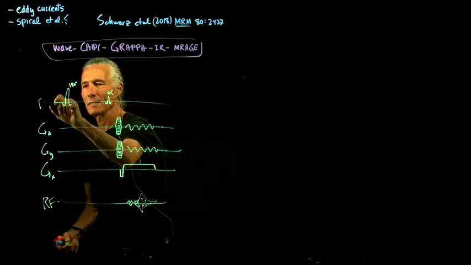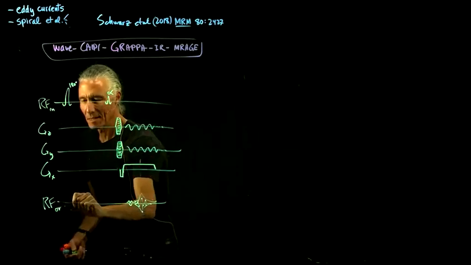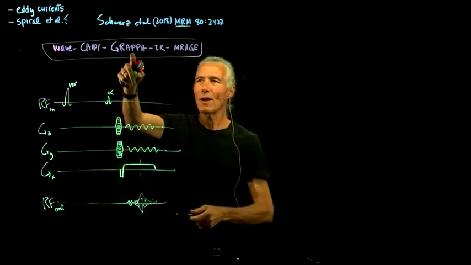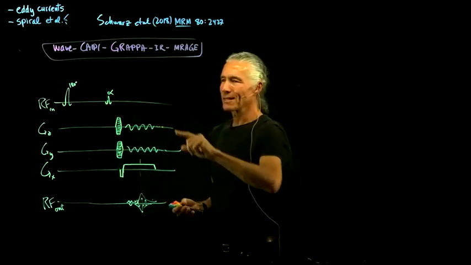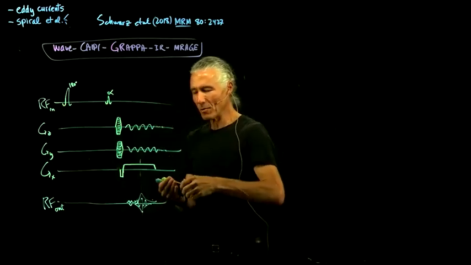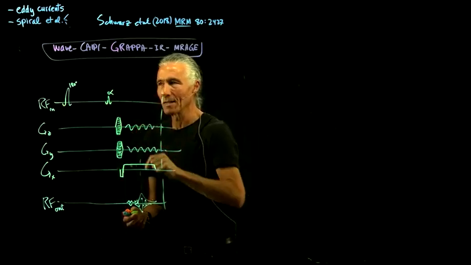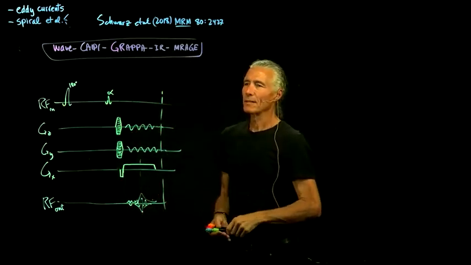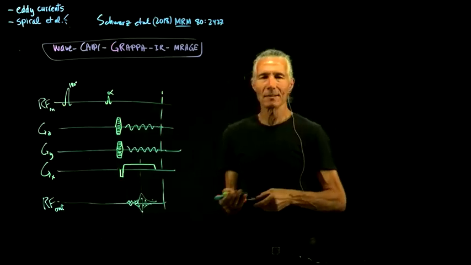And this is an undersampled scan. That's the GRAPPA part of it. And so what does that do to you in K-space? And then you repeat. At this point, you just repeat for another gradient combination.